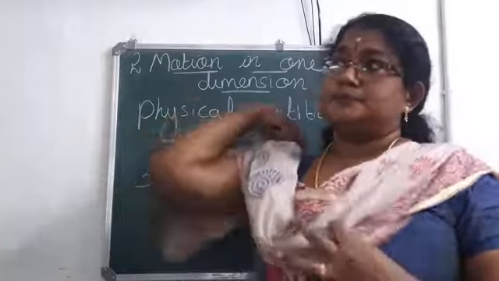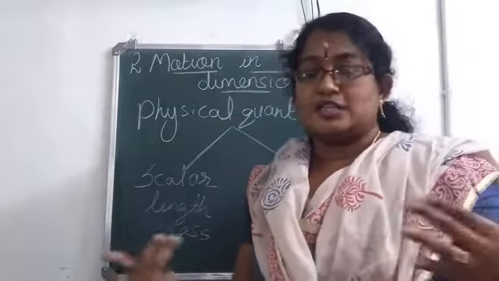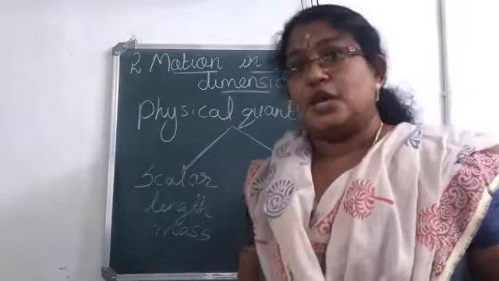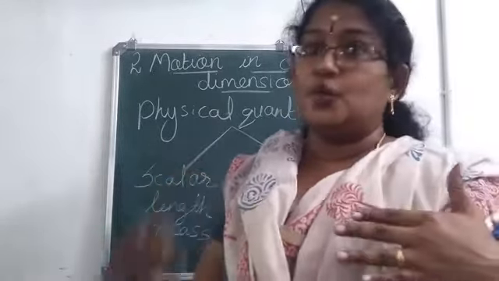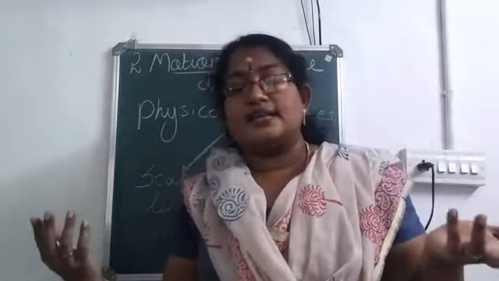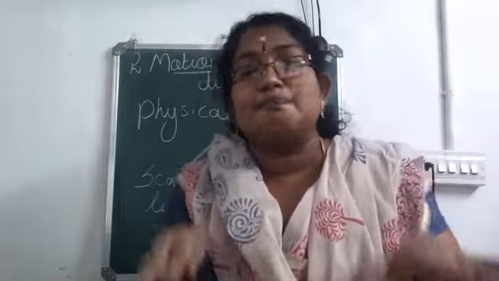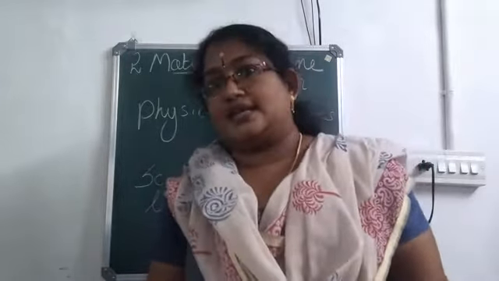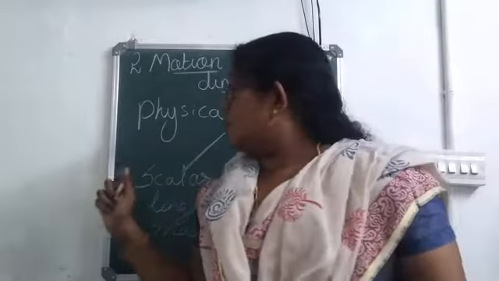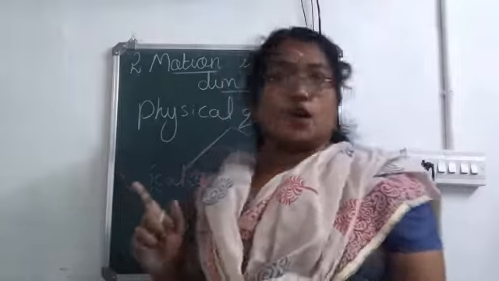Another example: the time of a usual class period is 40 minutes. In the school we have 40 minute periods, isn't it? If I say that the time of one class period is 40 minutes, it is complete, and I don't need to give more explanations. So time is also an example of a scalar quantity.